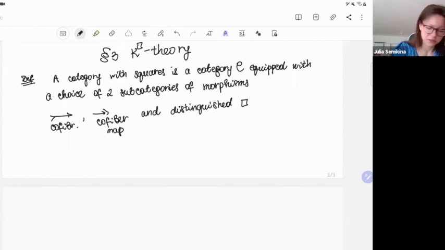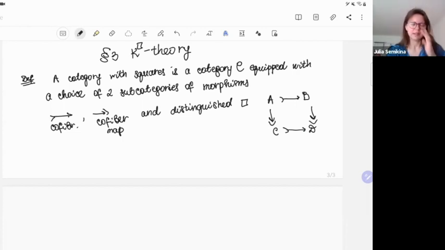So how squares look, this is just a diagram where vertically you allow one type of arrows and horizontally you allow another type of arrows. And you require that this is a commutative diagram in our category. So both of them are morphisms, so you can compose them and you require that squares are commutative.